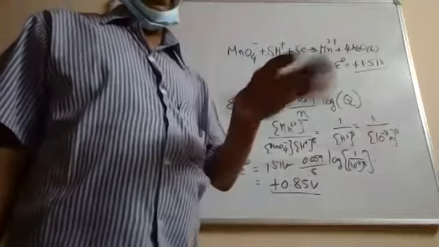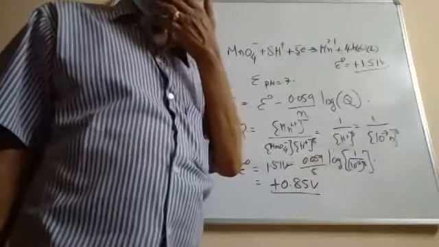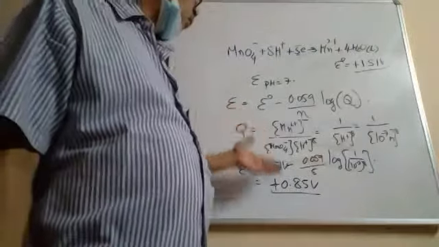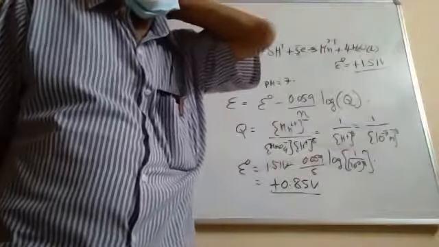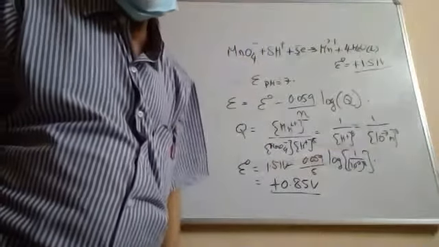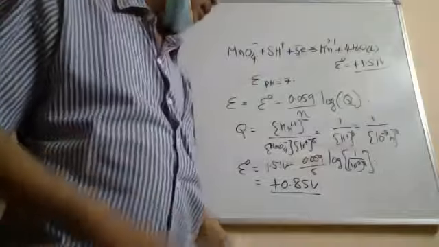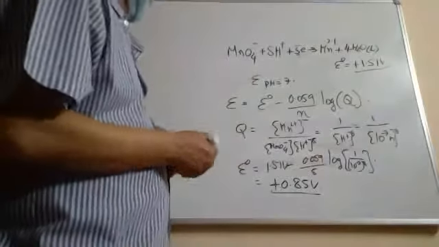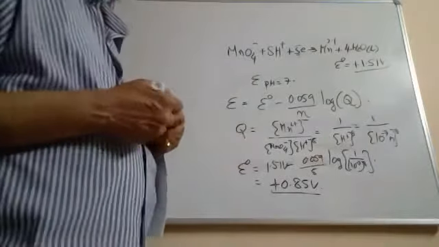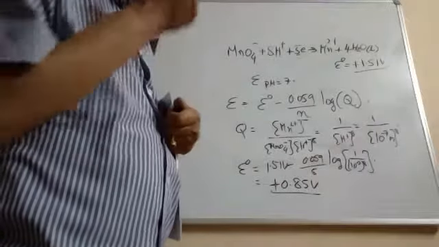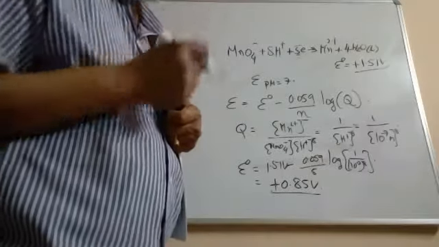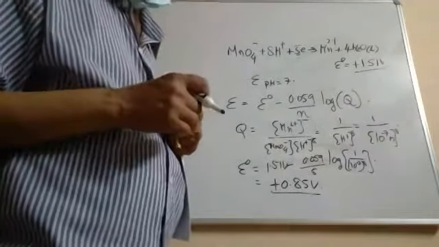If for some reason you make a mistake in the math and you end up with an answer that is more than 1.51, it should immediately tell you, well, something is wrong here. Is it because you have less protons at pH 7? Yes. So what does that translate into? You're thinking right. That's a good starting point.